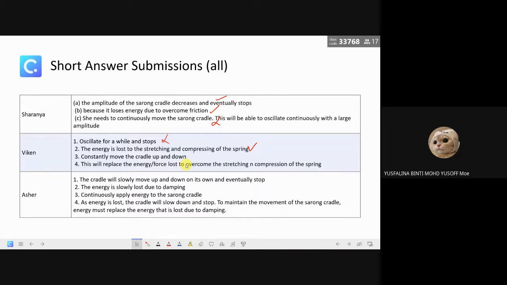Just now you said it moves slowly, right? Actually, that describes the amplitude. That's the main thing that we learn about damping oscillation. Why does damping occur? Because damping is a decrease in amplitude. So you have to mention the word amplitude, or the word energy.